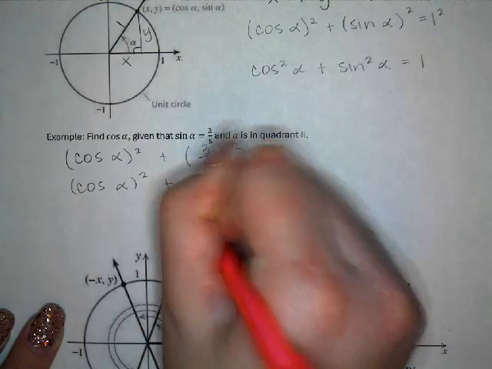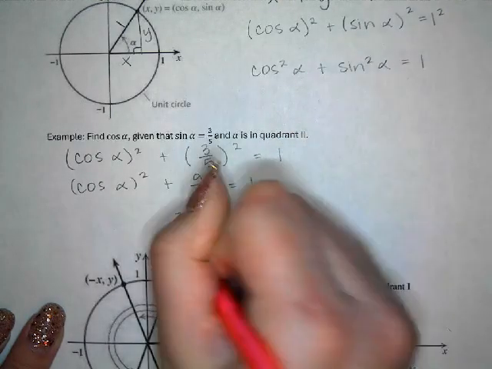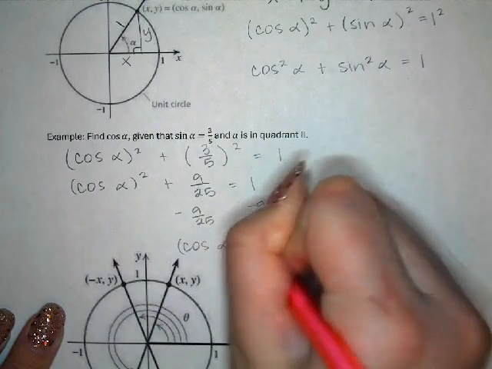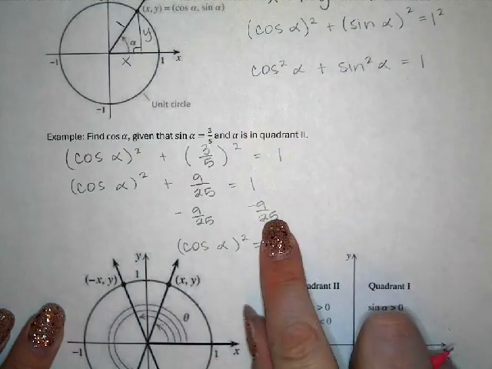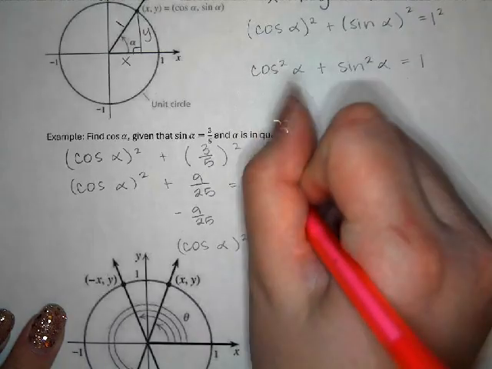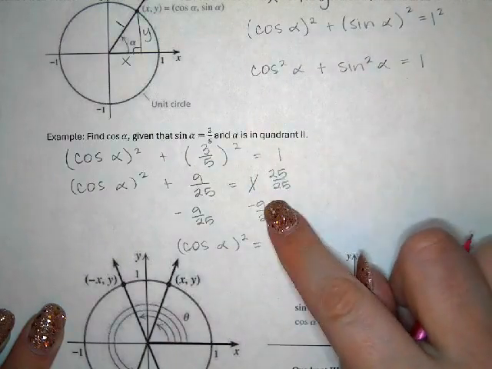So cos alpha squared, 1 minus 9/25, I could rewrite the 1 as 25/25. So 25 minus 9 is 16. So this is equal to 16/25.